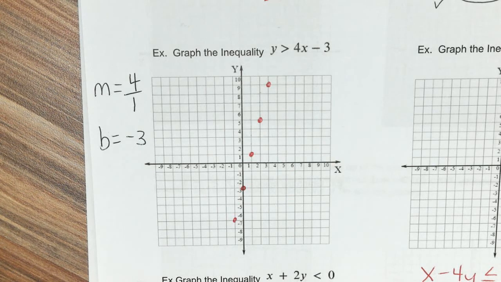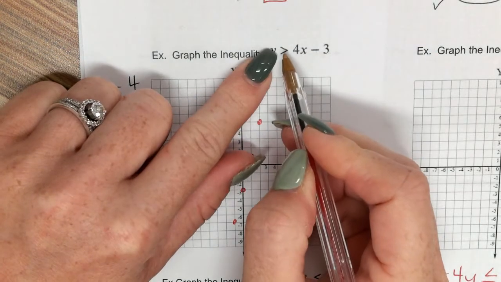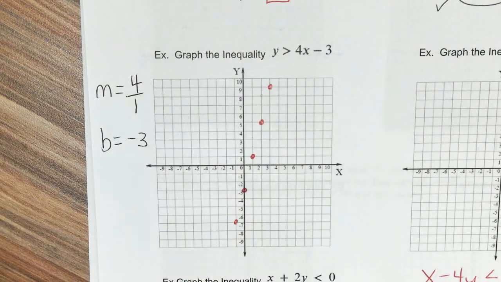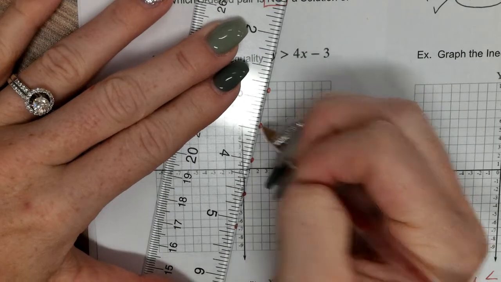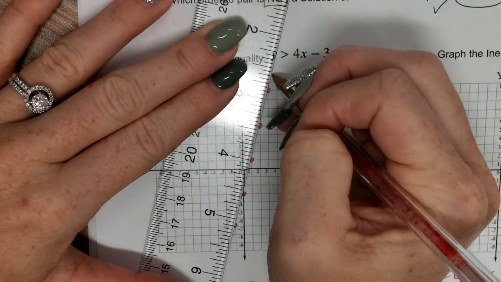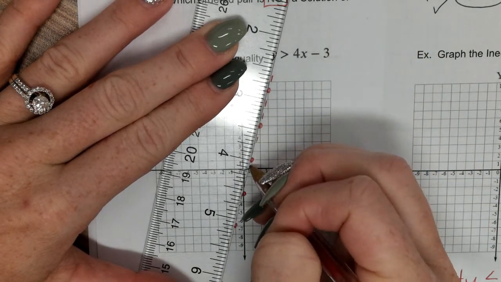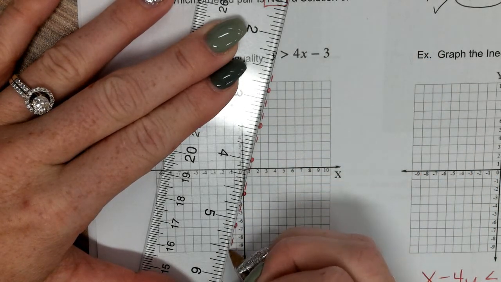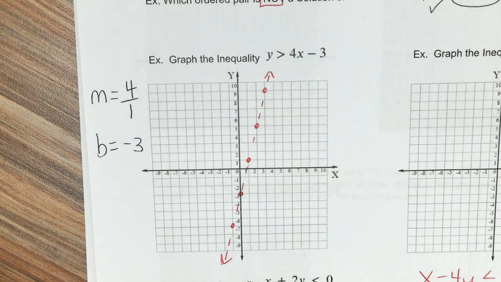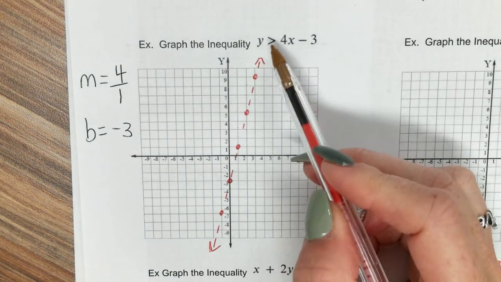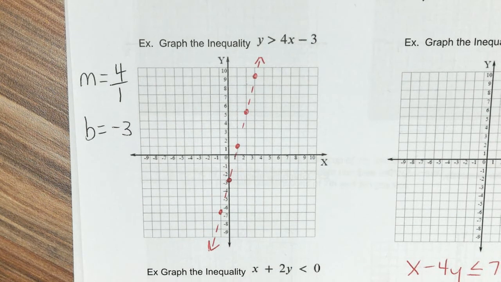Look at the inequality. Is it greater than or equal to? So is it going to be a solid line or dashed? Dashed. So when I go do this, I just make sure that I make it look dashed. Since it's greater than, which way am I going to shade? On top. Above.